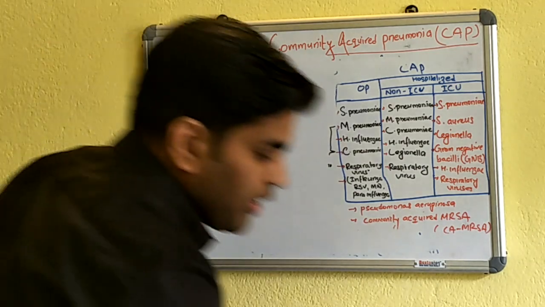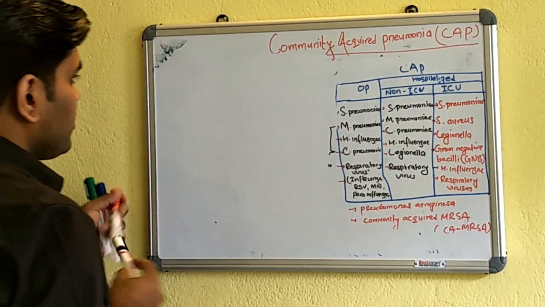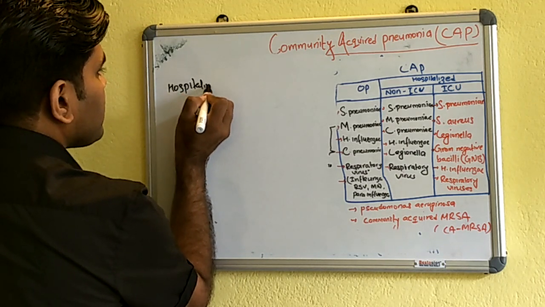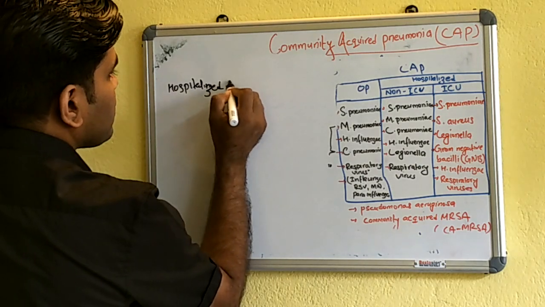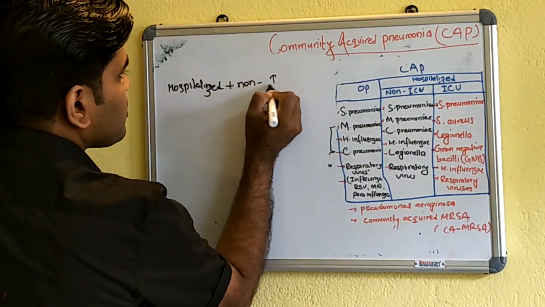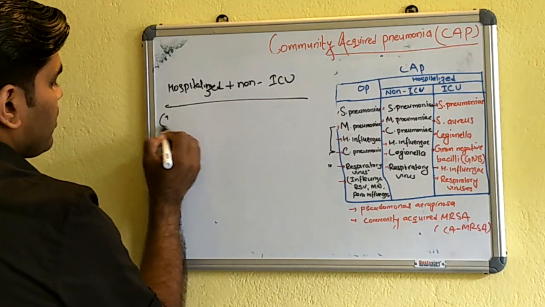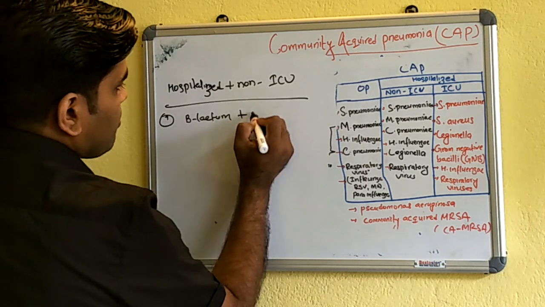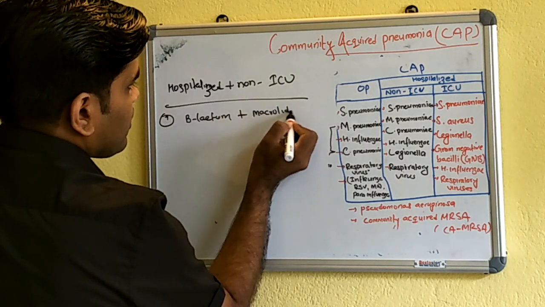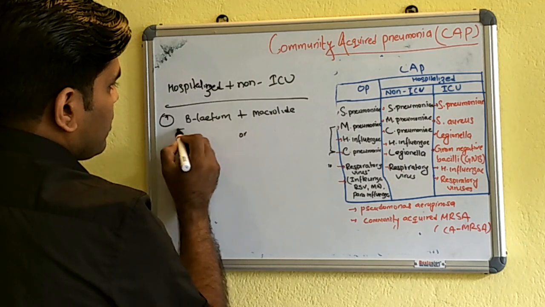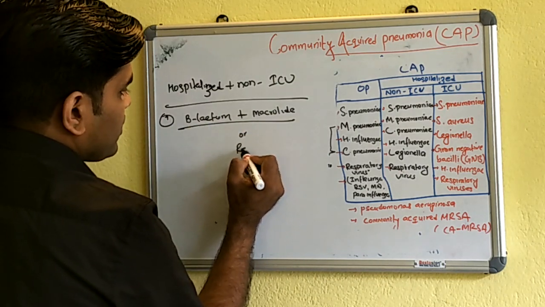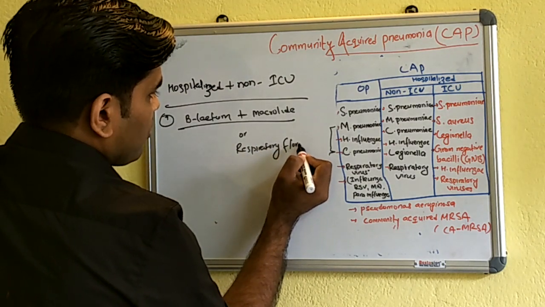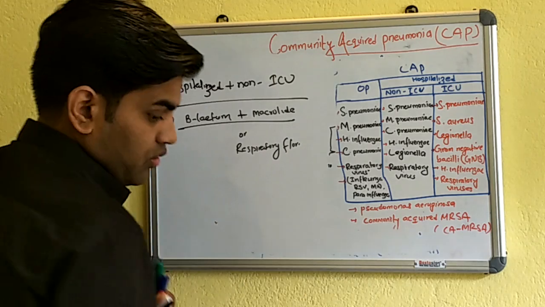For an admitted, hospitalized patient who is non-ICU, you can again go for beta-lactam plus macrolide, right? Or these two combinations, or a respiratory fluoroquinolone.